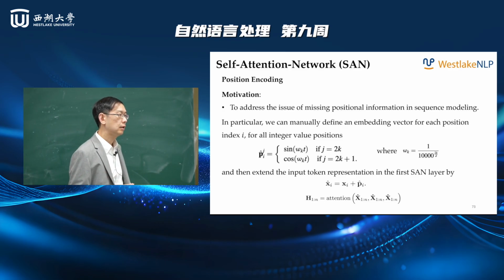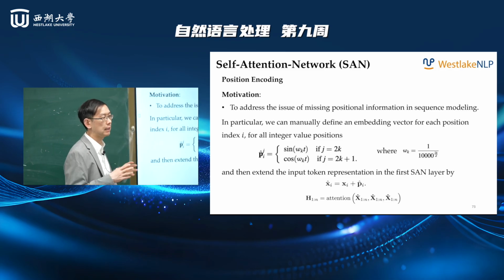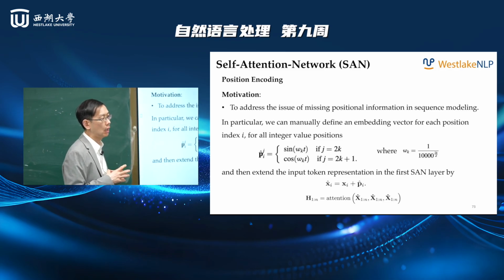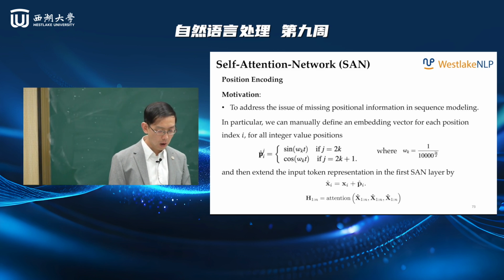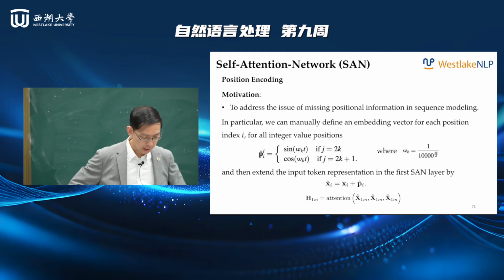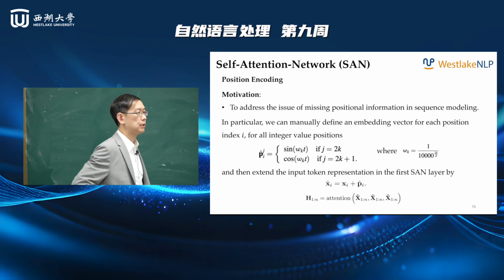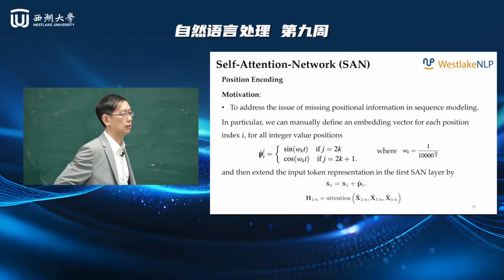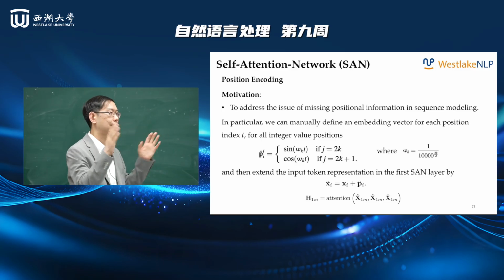But it turns out that a simpler way works as well. You just hard code a set of vectors representing each position. How do you hard code a vector? Here I show you one way of doing it. Here Pij represents the vector for position i, the ith word, and j represents the jth dimension, or the jth element in this vector.